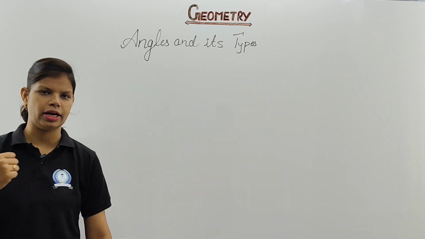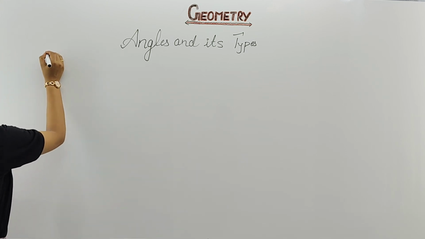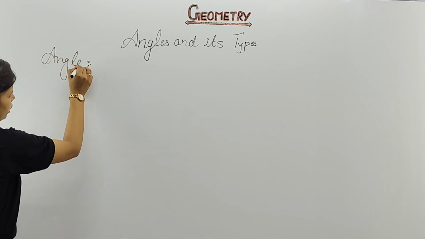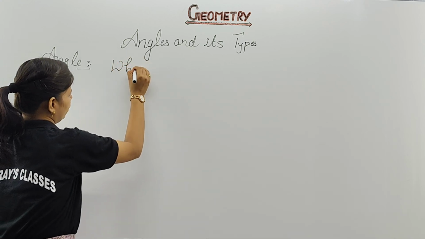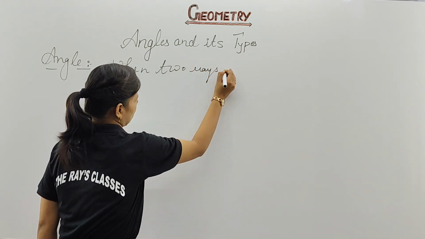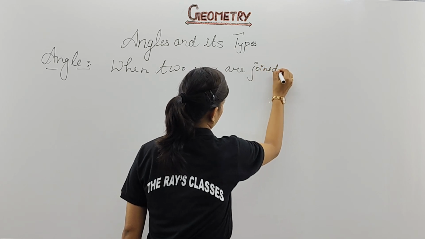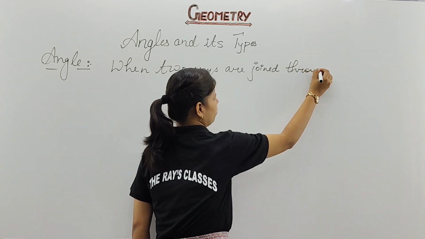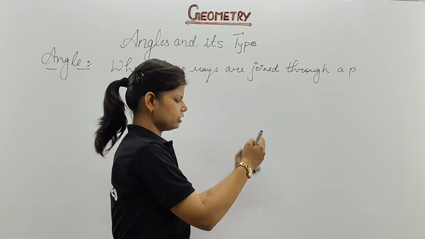First of all, we are going to write the definition of an angle. If you have to write the definition of an angle once again, that is only to recall. You can see it in the previous video, where it is already given. When two rays are joined together through a point, that means this is your first arm and this is your second arm.